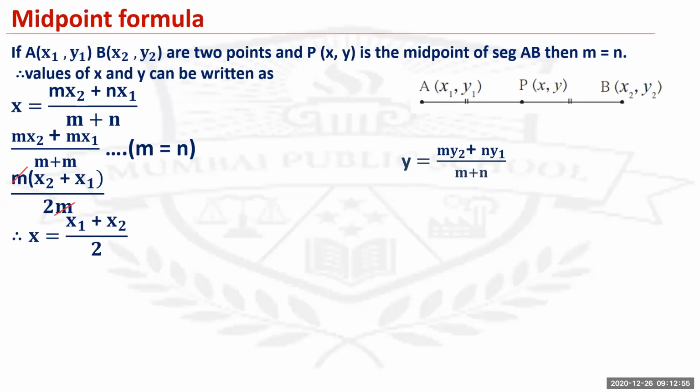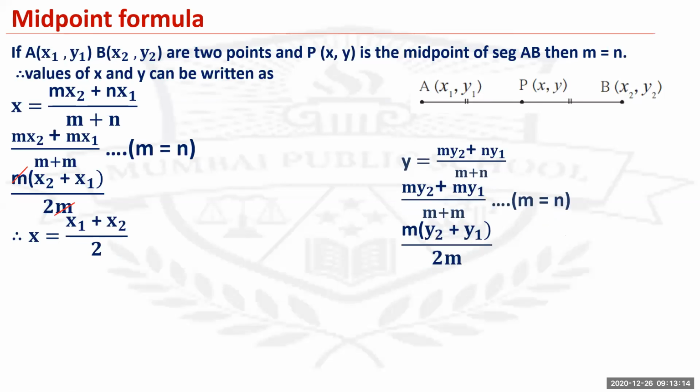Same thing for y. y equals my2 plus ny1 upon m plus n. By applying the section formula, you'll get my2 plus my1 upon m plus m. Again here, m equals n. You'll take m common, you'll get m in brackets y2 plus y1 upon 2m.